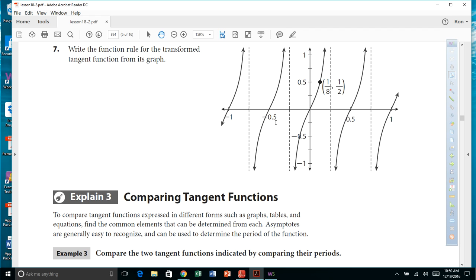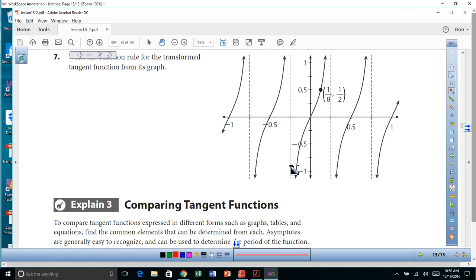We have some asymptotes. Let's see. That's -1. So it's -3/4, -1/2, 1/4. It goes from -1/4 to 1/4, right? So this is -1/4, and this is 1/4.